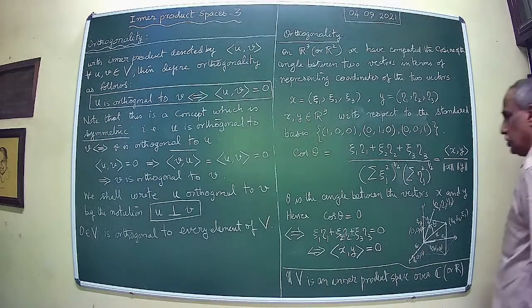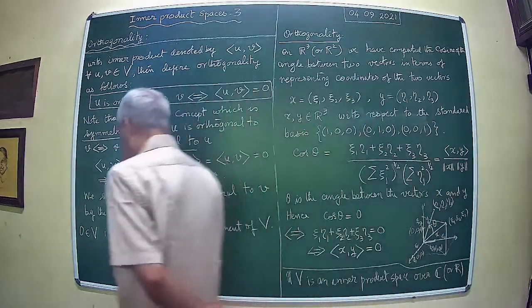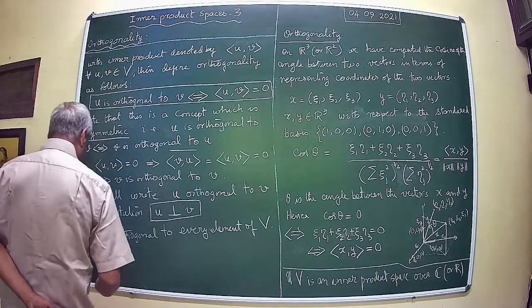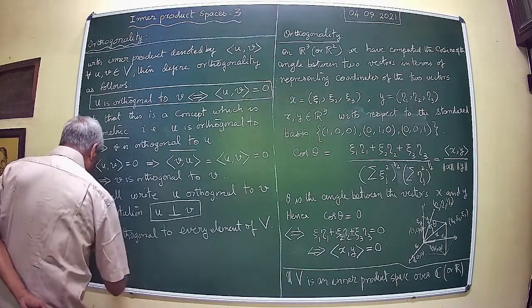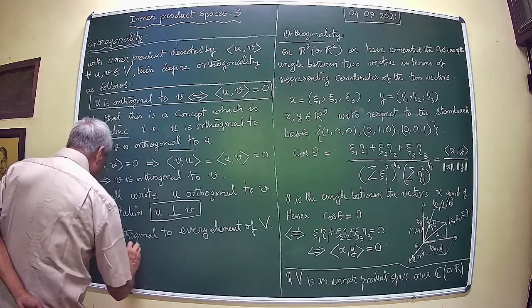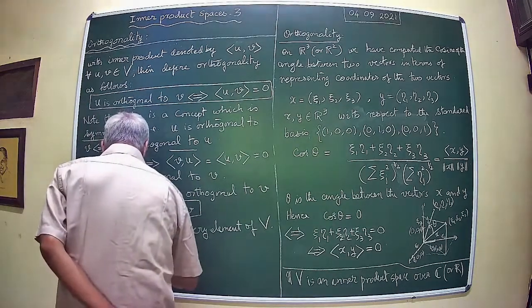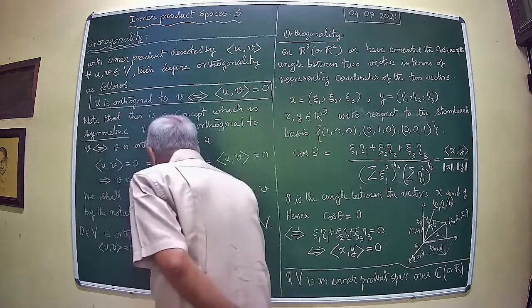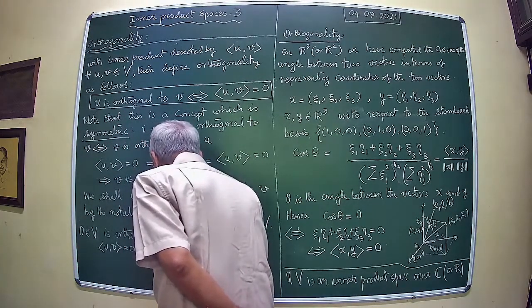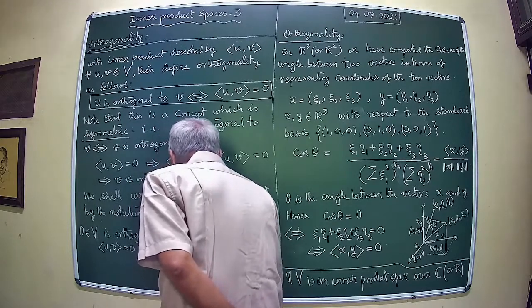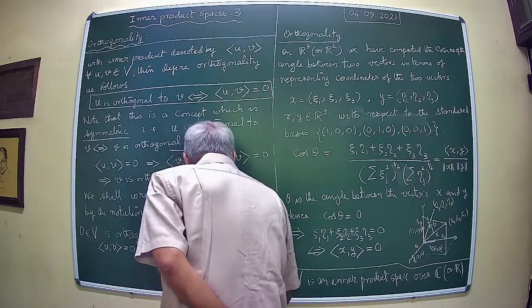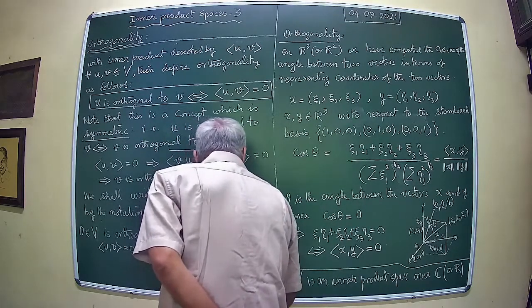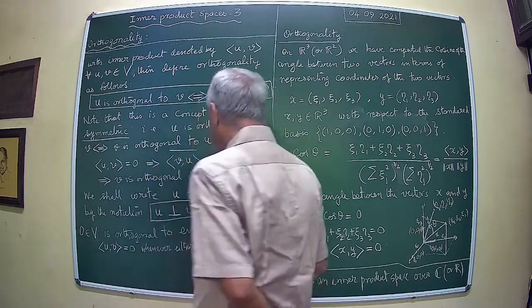So if the inner product of u and v equals 0, either u is 0 or v is 0.